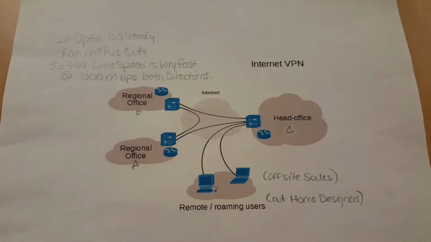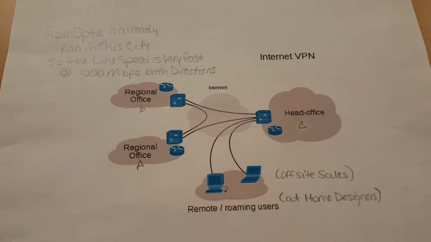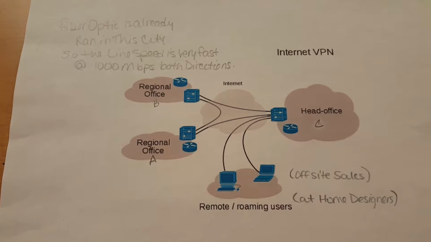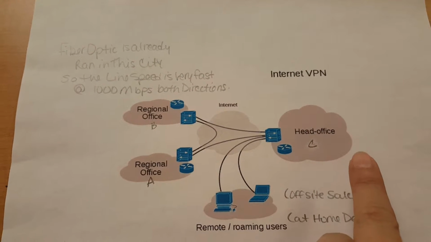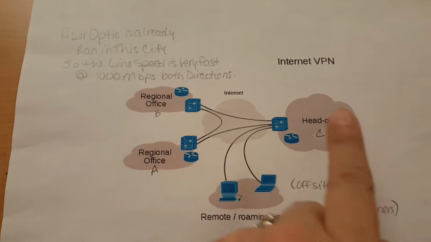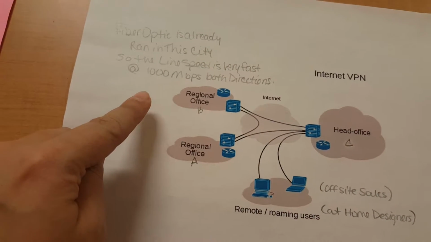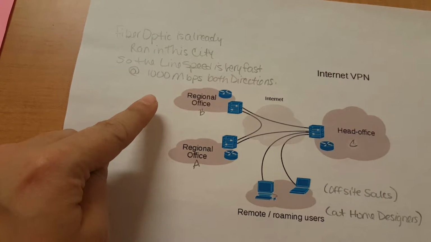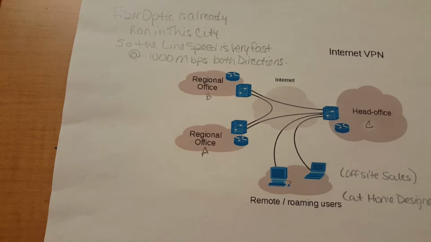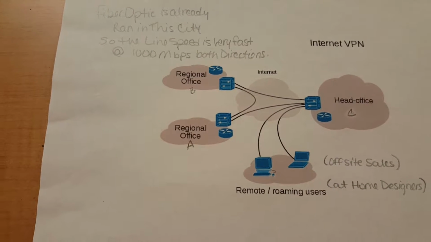For this business, we have a setup of this. You have your head office, which in our case is C, that holds all of the administration. You have your office B that holds your sales department, and you have your office A that holds your designers.